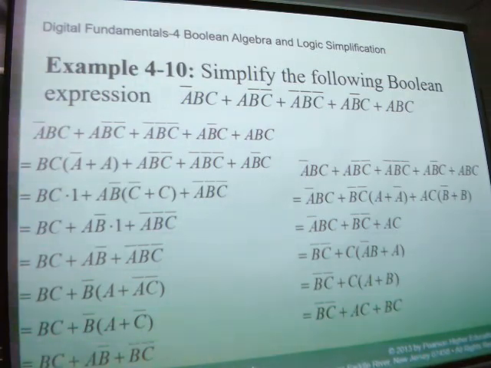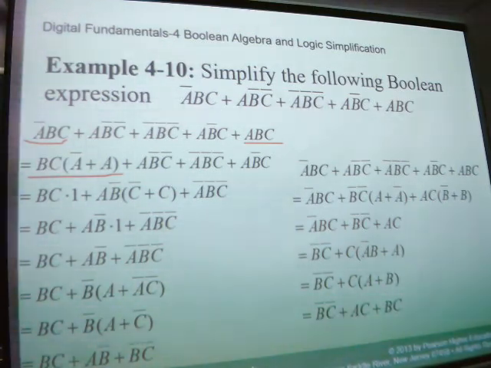We find that this term and this term have common factor, BC. So they can be written like this: BC and A bar plus A. Right? A bar plus A.